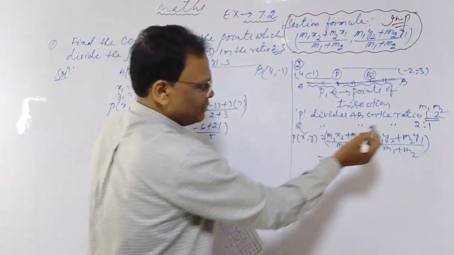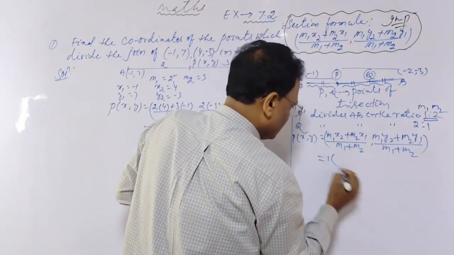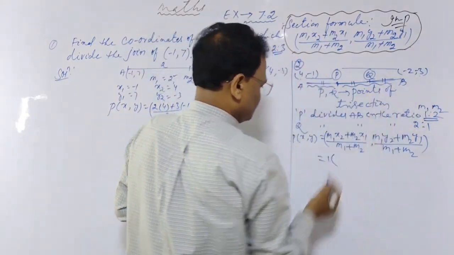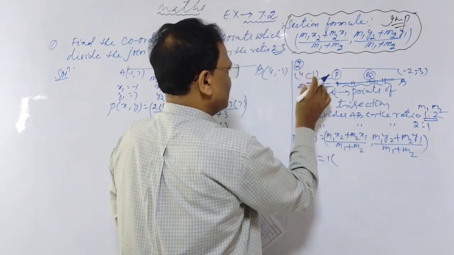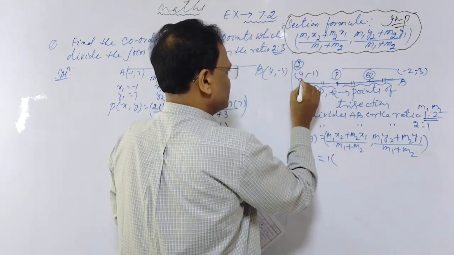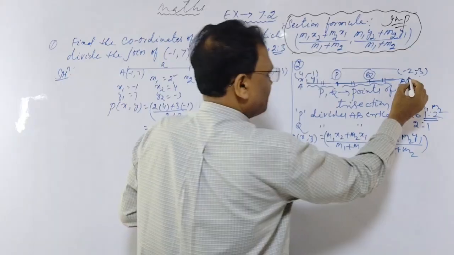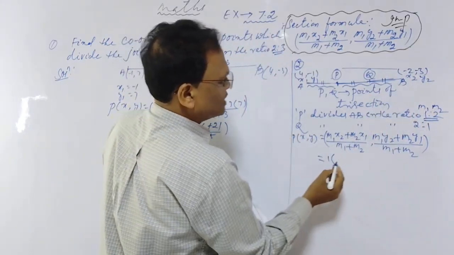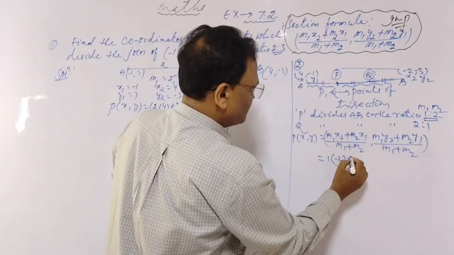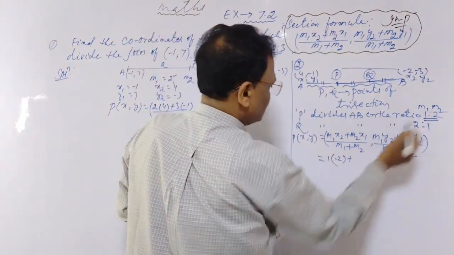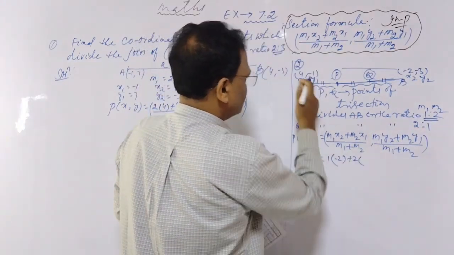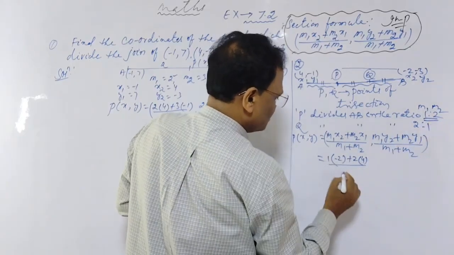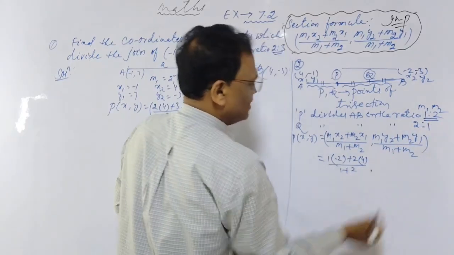M1 is 1, m2 is 2. This is x1 y1 and this is x2 y2. So m1 x2 is -2 plus m2, which is 2, x1 is 4, divided by m1 plus m2, 1 plus 2.